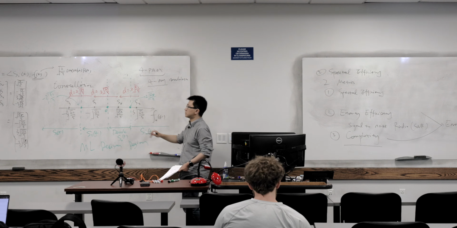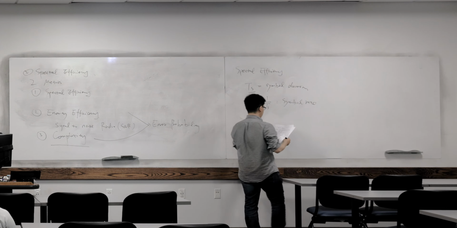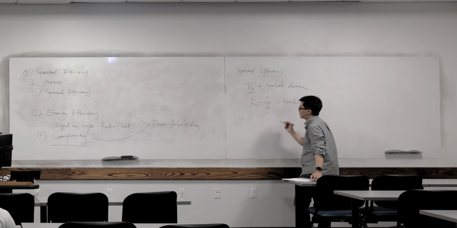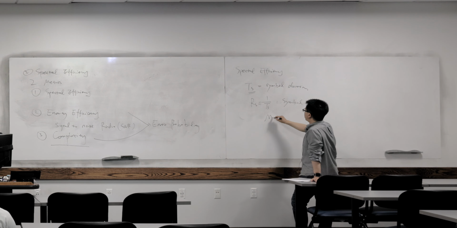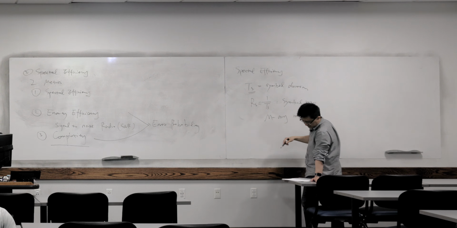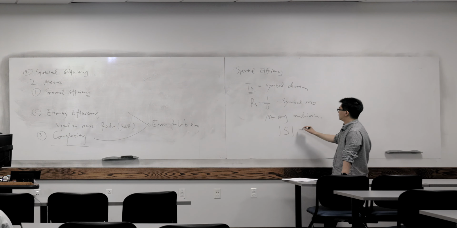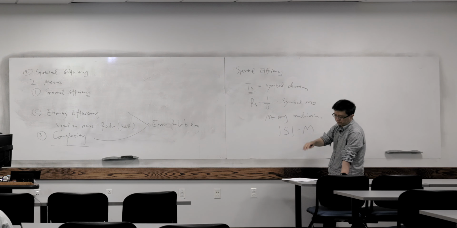Okay, so in general, every symbol can have many, many cases. So in general, we have M-ary modulation, right? And in this case, the cardinality of our signal space would be equal to capital M, so in that case, it will be 4.